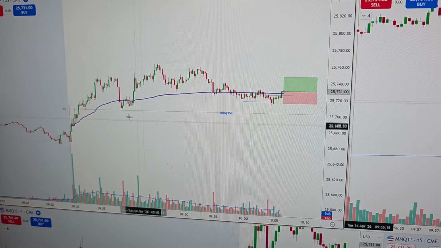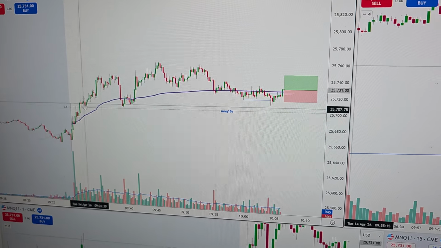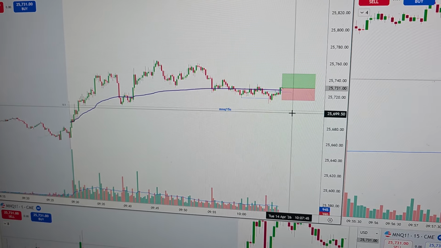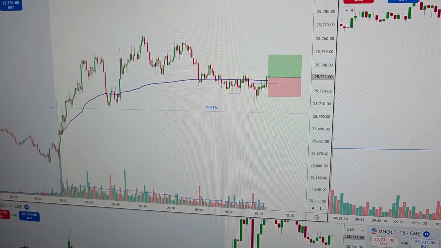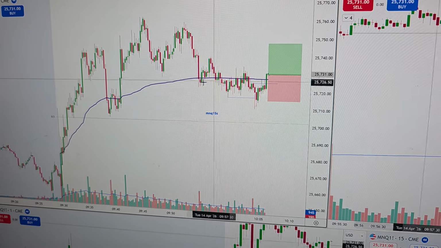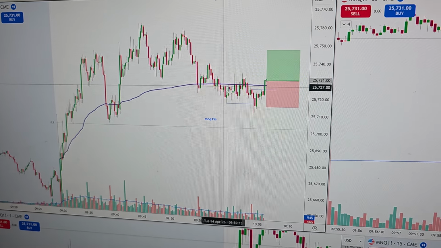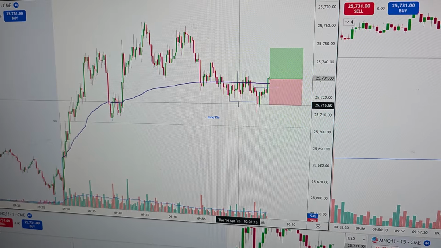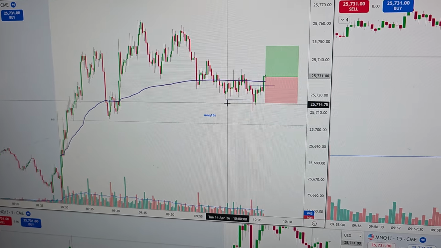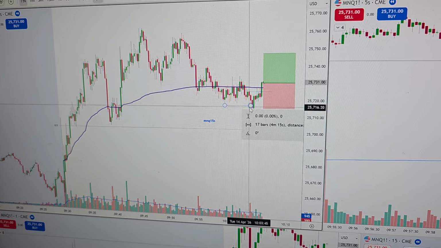And in actuality, we don't make it to the 50% retracement. Instead, what we have is a pullback to the New York anchored VWAP, and we do sweep this low, setting up for a CISD.